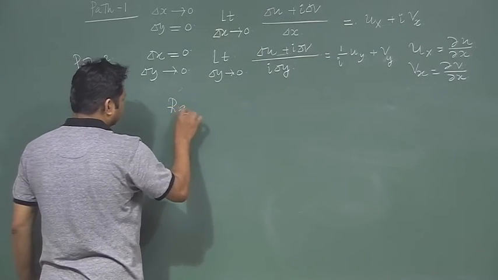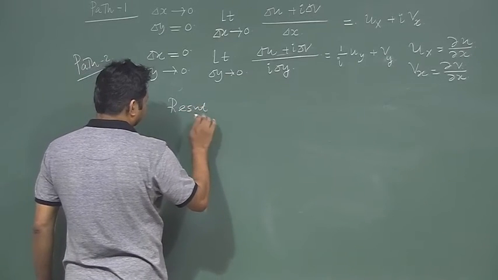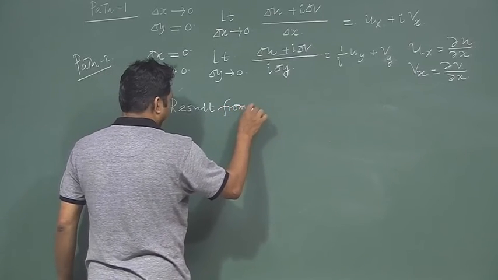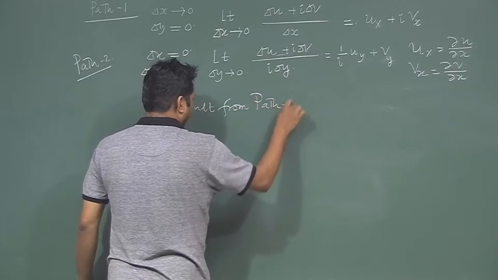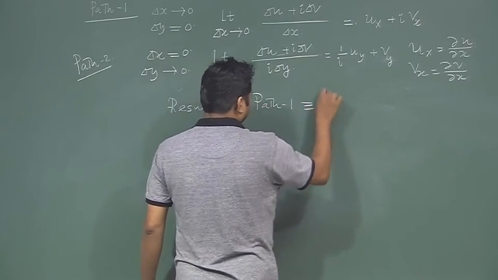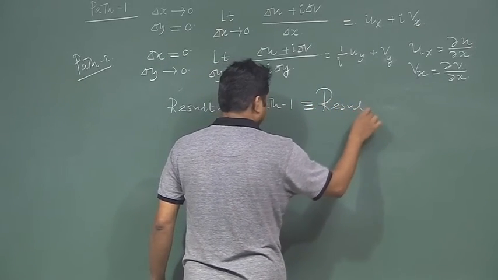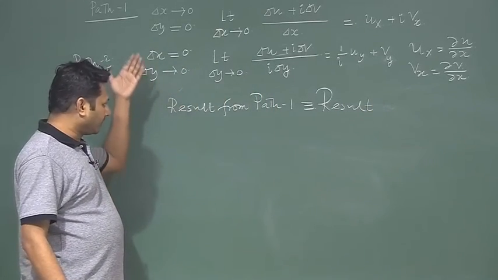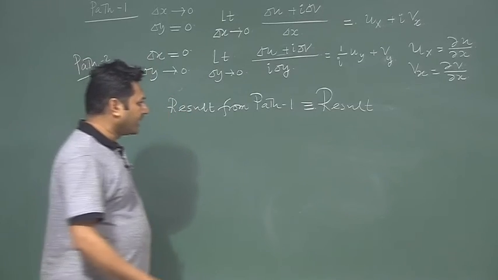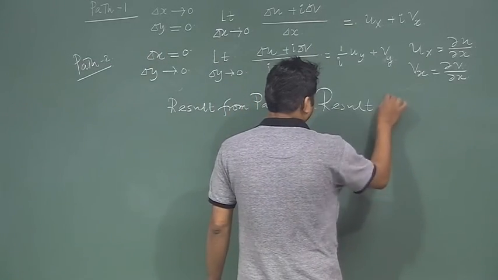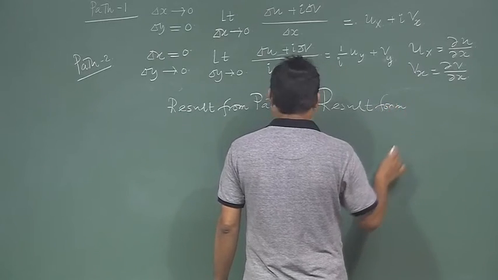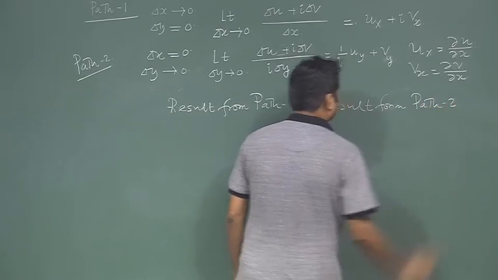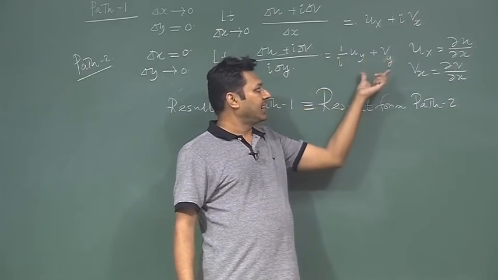The result from path 1 is equal to the result from path 2. That means this quantity and this quantity are the same.